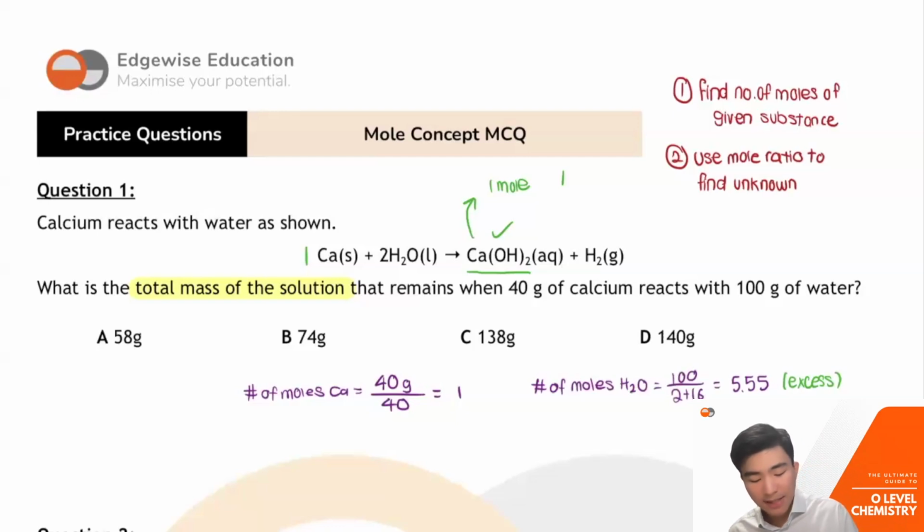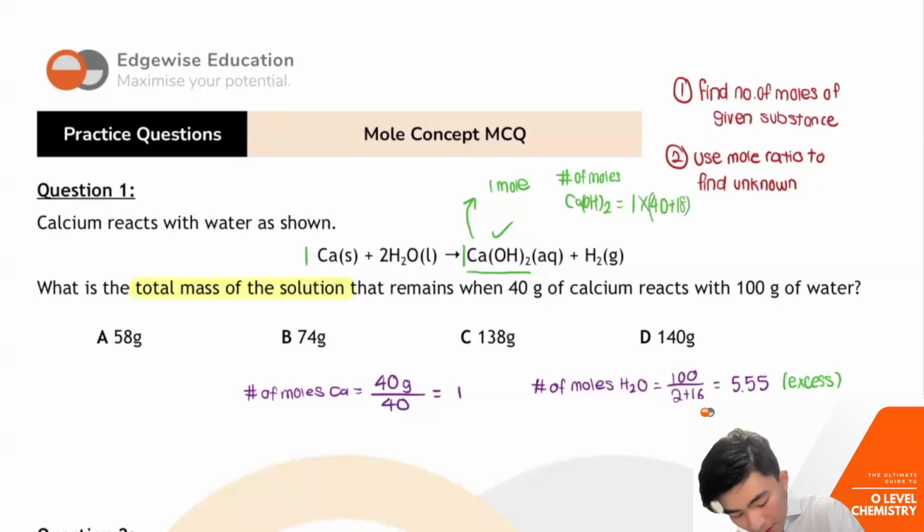And then in this case, the unknown is CaOH2, number of moles of CaOH2, will be equals to what? 1, because mole ratio is 1:1. Can you see that? So 1 multiplied by Ca, which is 40, plus 18, 14 plus together, it should be 58.